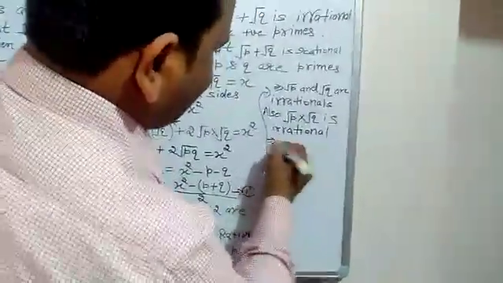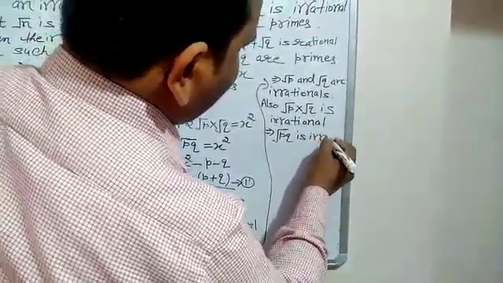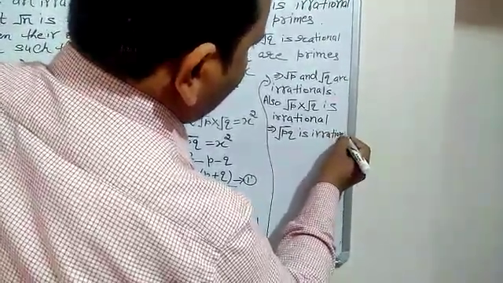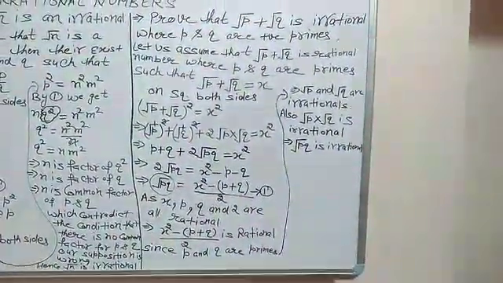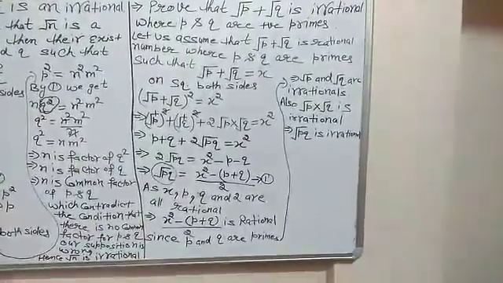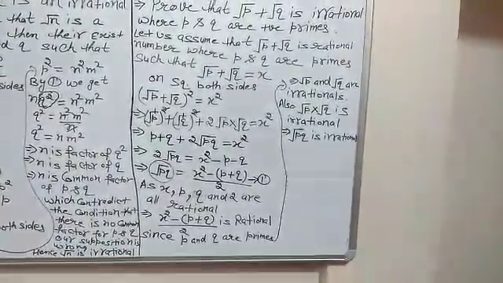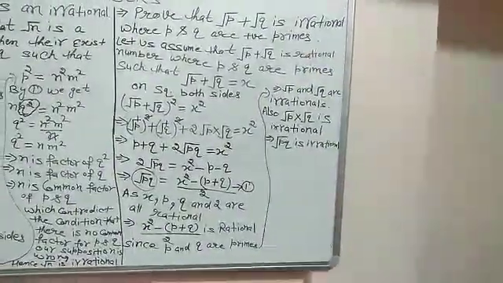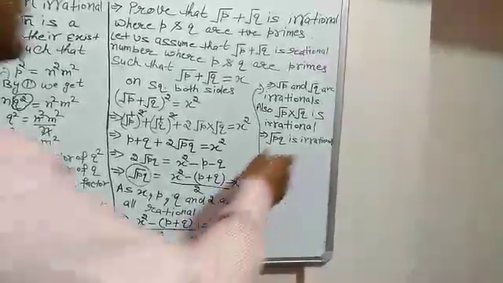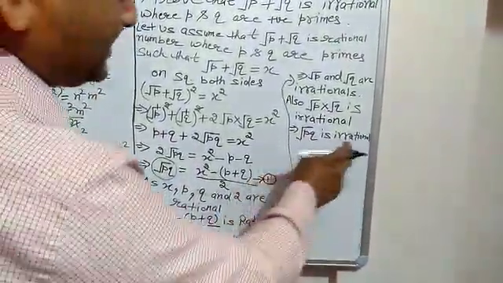It implies that root pq is irrational, because the multiplication of two primes is not a perfect square. If it is a perfect square, then it is rational, but we all know that the product of primes is not a perfect square. That's why it is irrational. So under root pq is irrational.